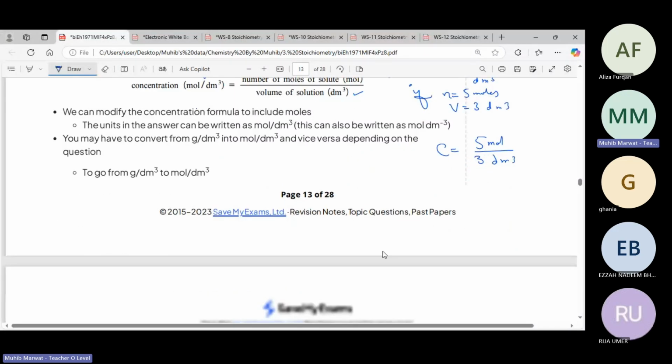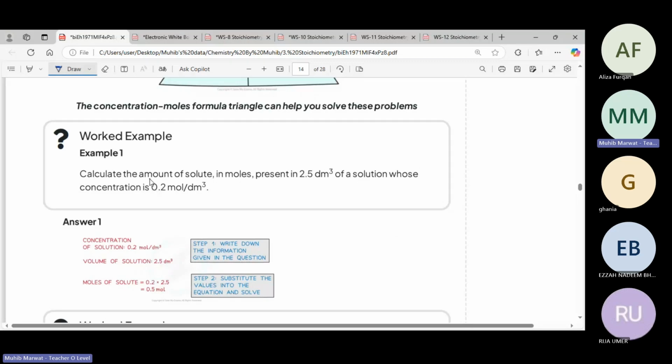Similarly, another question. If you have been asked to find the amount of solute in moles and you have been given the volume and concentration, then the formula is number of moles per volume per dm cube, so n will be equal to c multiplied by v.